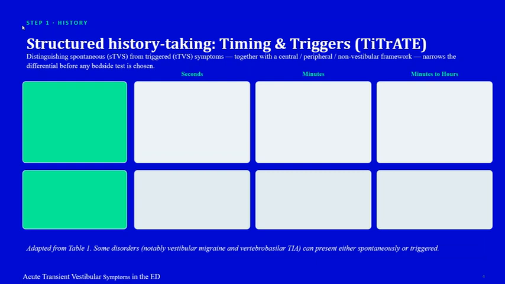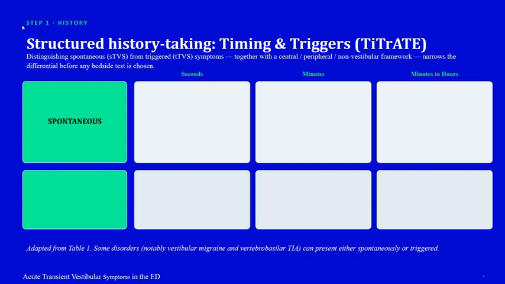So the structured history taking, timing and triggers, that is the TiTrATE approach, distinguishes spontaneous transient vestibular syndrome from triggered vestibular symptoms, together with a central versus peripheral versus non-vestibular framework, and narrows the differential before any bedside test is chosen. The timing, the duration of the episode, is very important.